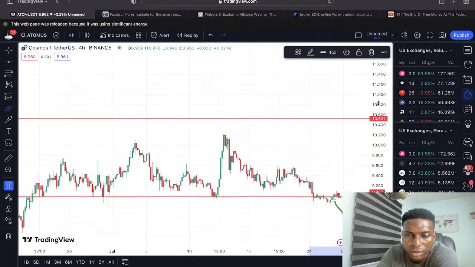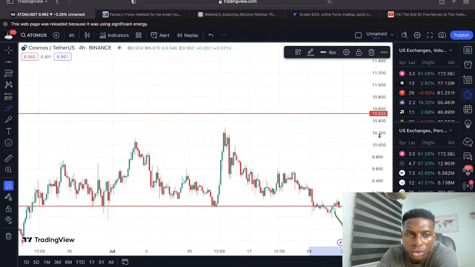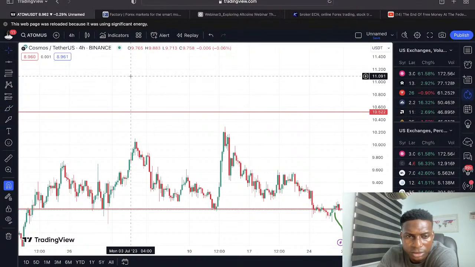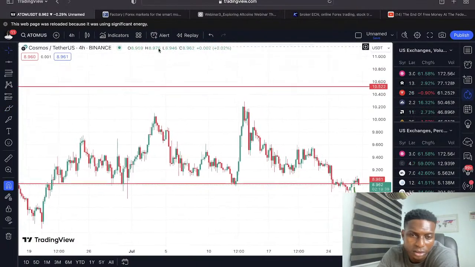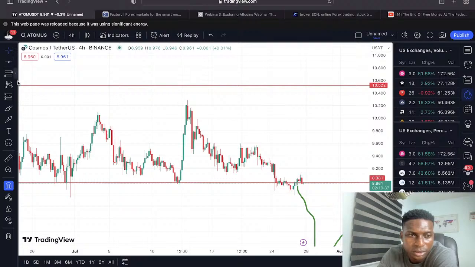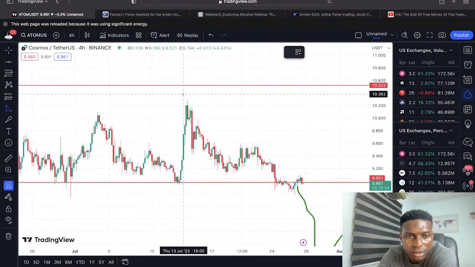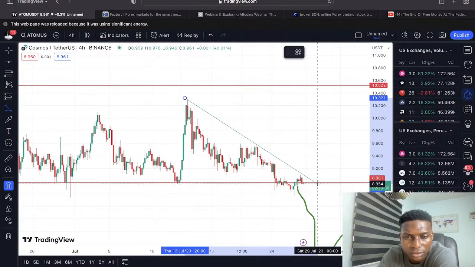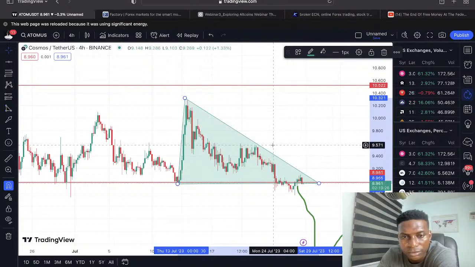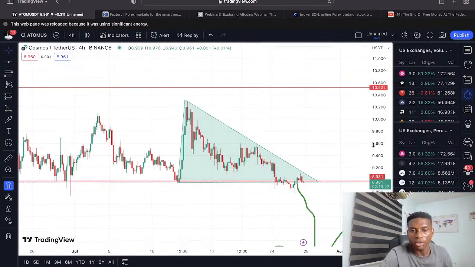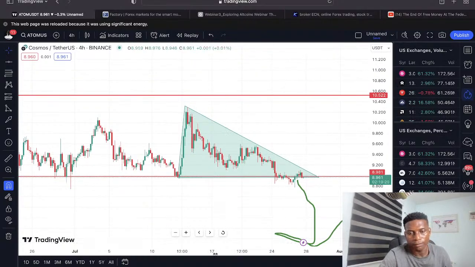You can see it's clearly some descending triangle here. So yeah, there will most likely be a continuous fall in price here.